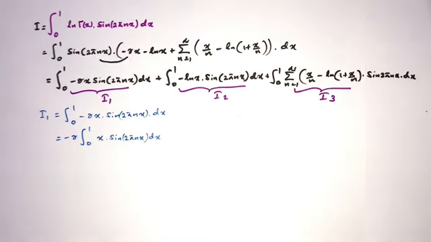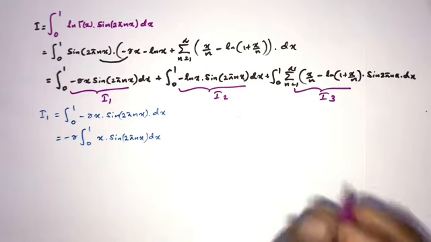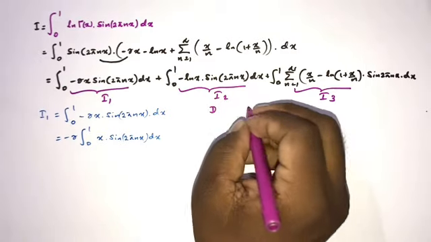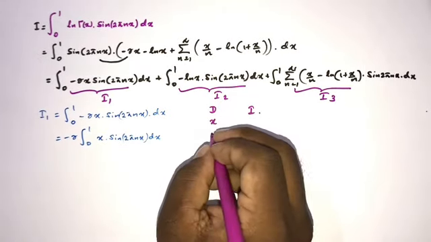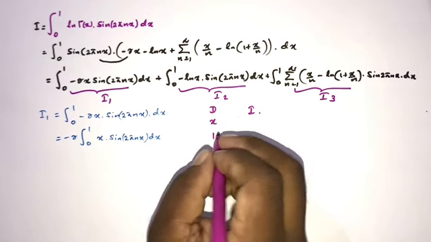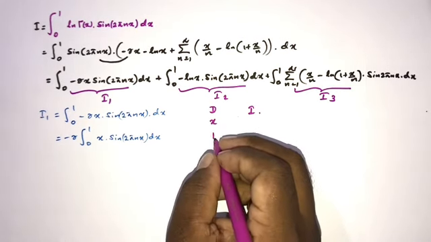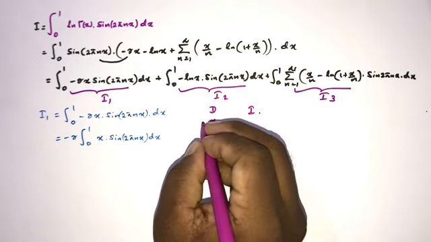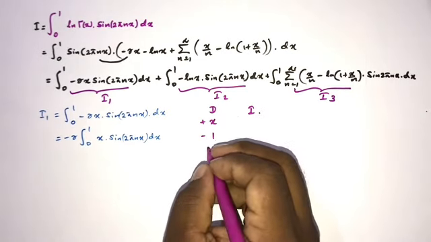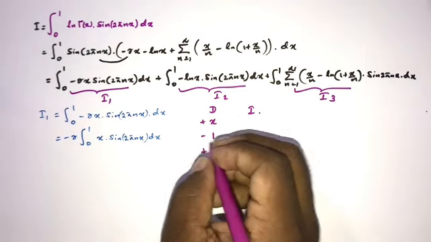Now we can apply the DI method, derivative and integration. Here the derivative of x we know is 1, then the derivative of 1 is 0, with signs plus, minus, then plus again.